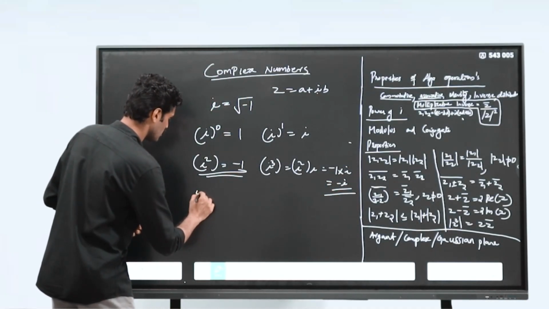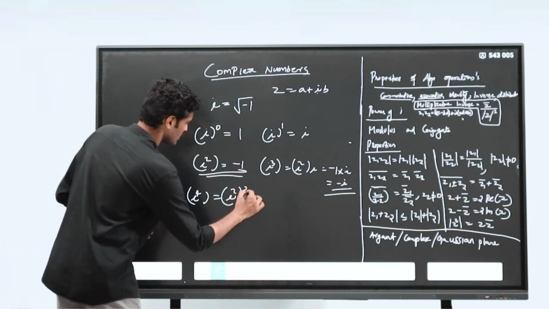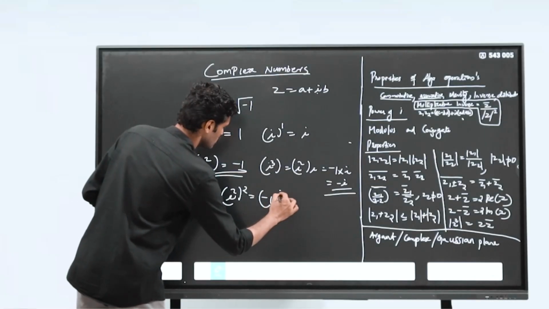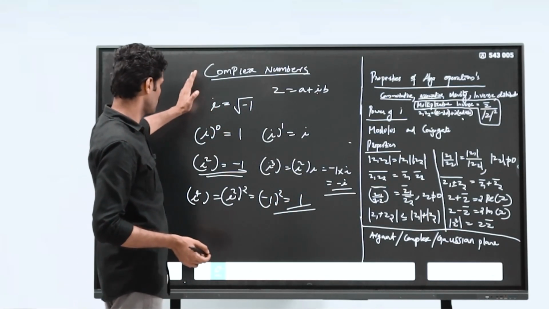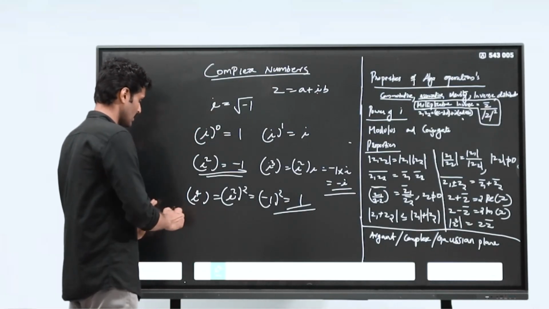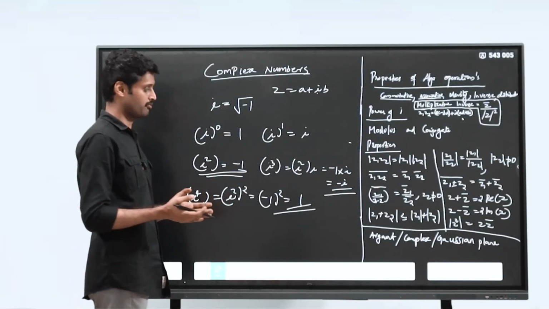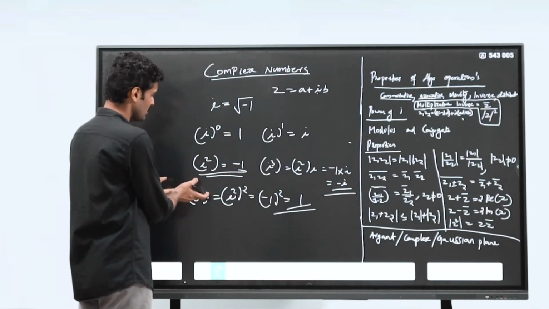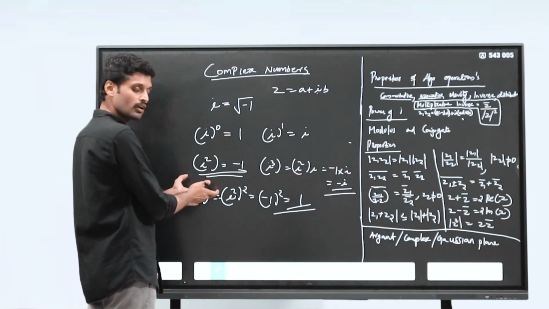Then I raised to 4. I raised to 4 again, we can write it as I square whole square, right? I square is minus 1, then whole square, okay, then it is 1. So we can generalize like this. We can make a formula in terms of multiples of 4.